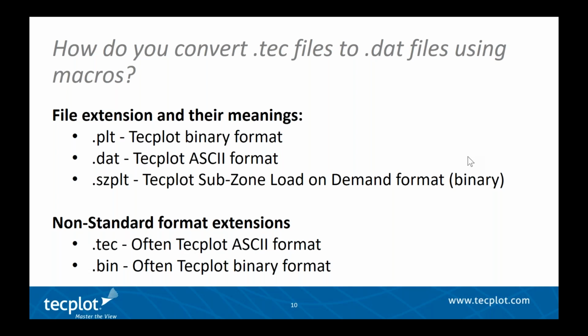Now, the non-standard formats that have been really adopted by the community are .tec, which I've most often seen as an ASCII format, and .bin, that's most often seen as a binary format. So I interacted with this user and asked for more information, and in their case, they actually had a .tec file which was in binary format.